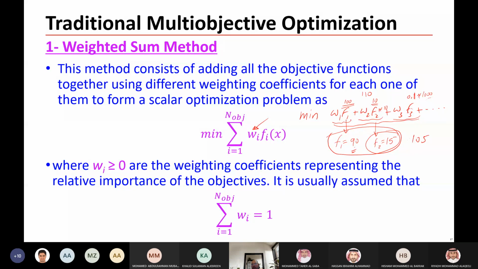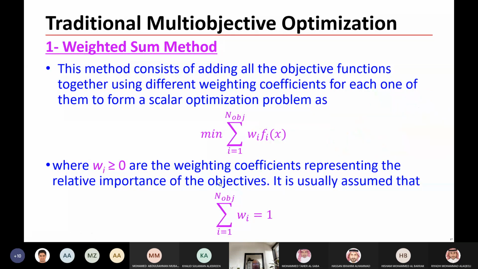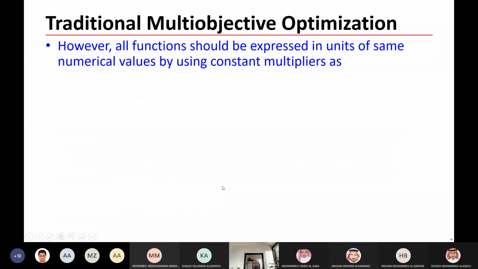So we need to minimize this objective and this objective as well. So this is why we need to have all the terms in the same order. Otherwise, you need to multiply by the scaling factor, and this is a weighting factor to reflect the importance of the objective, and this is the scaling factor, which is maybe 10 or 1000, as we had in the last example.